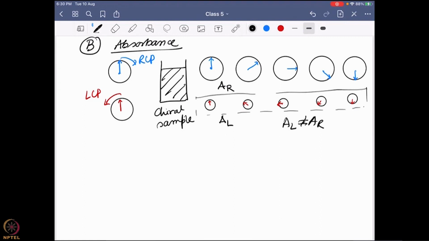So what will be the effect of that? Previously, before it hits the system, what was the resultant? The resultant was a plane polarized light.